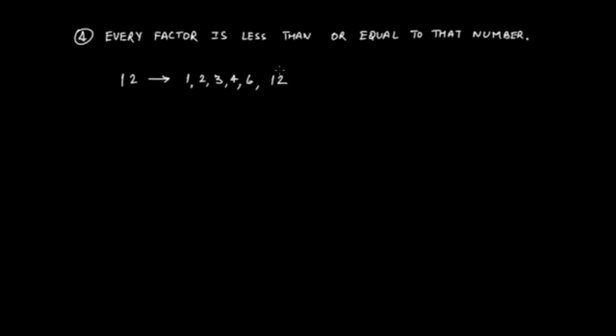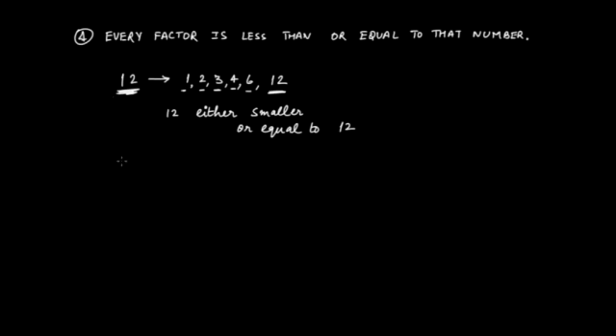Now you could see that the factors are always either smaller than or equal to 12, because here you have 12 as a factor, and that is equal to 12. 6 is smaller than 12, 4 is smaller than 12, 3 is smaller than 12, 2 is smaller than 12, and 1 is smaller than 12.